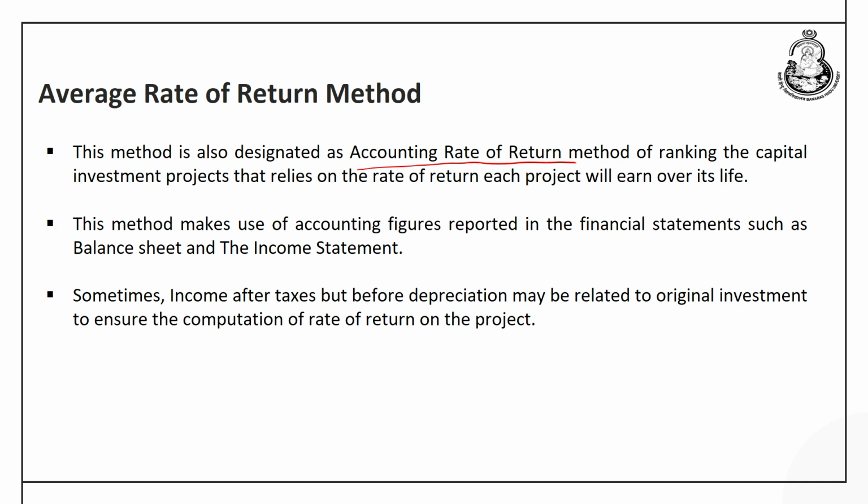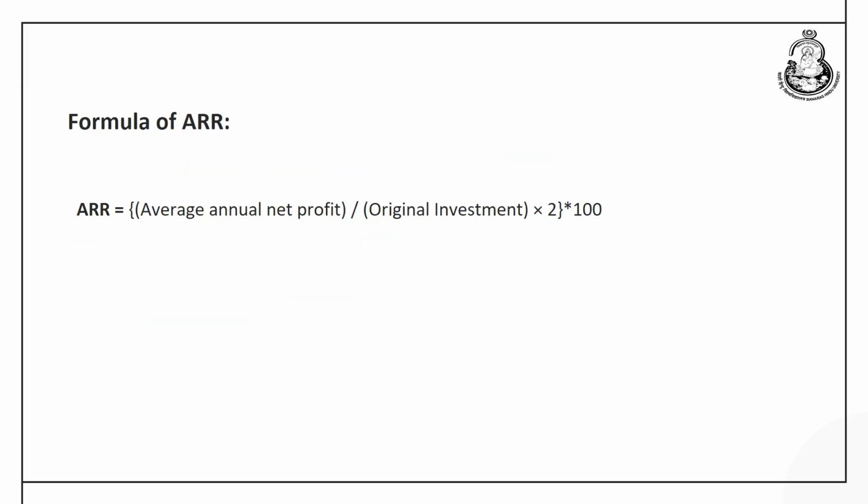This technique uses the accounting statements or financial statements comprising the balance sheet and the income statement. The formula for calculating the average rate of return or the accounting rate of return is the average annual net profit upon original investment multiplied by 100.